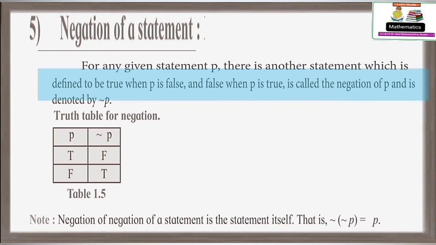It is called the negation of P and is denoted by ¬P, read as negation P. The table for negation: if P is true, then negation of P is false, and if P is false, then negation P is true.